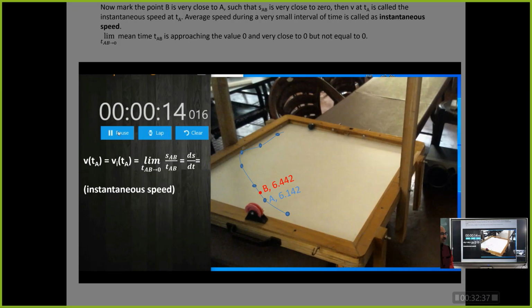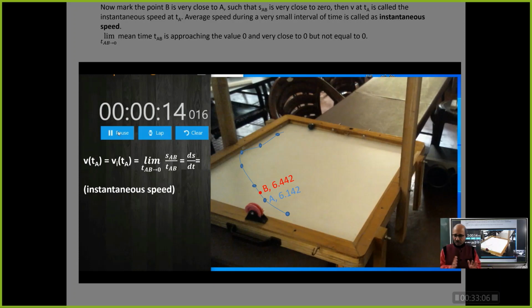I don't want measurements to happen always. Now let's understand the concept. If the point B comes close to A, then the distance from A to B is very, very small, almost equal to 0 but not equal to 0, and automatically the time of travel from A to B will also be negligibly small, almost equal to 0 but not equal to 0. Did you get that?